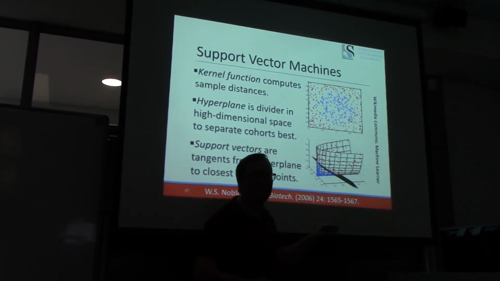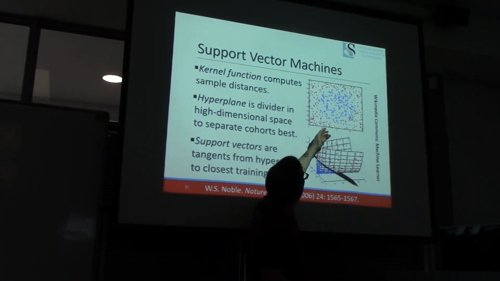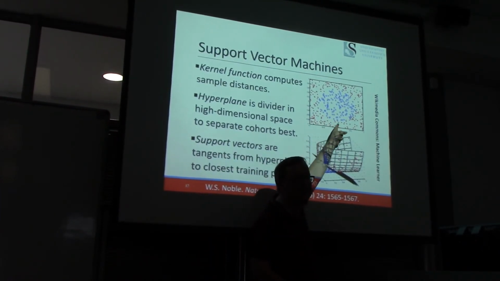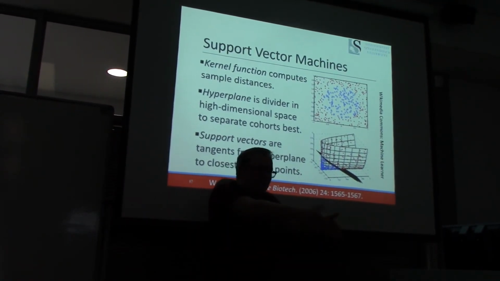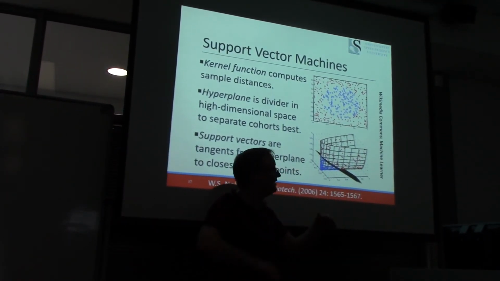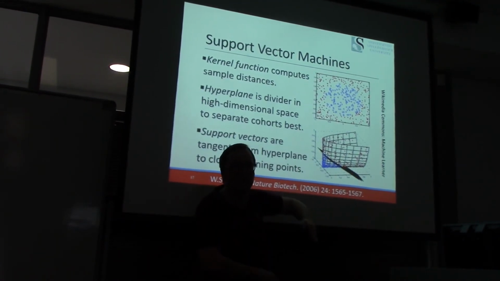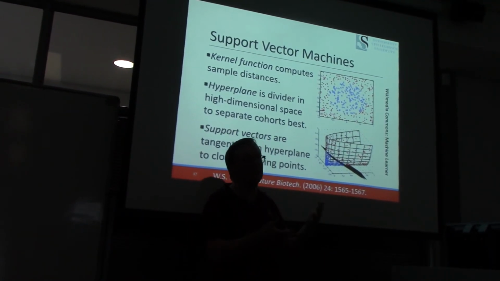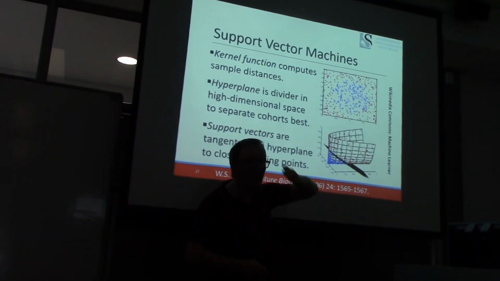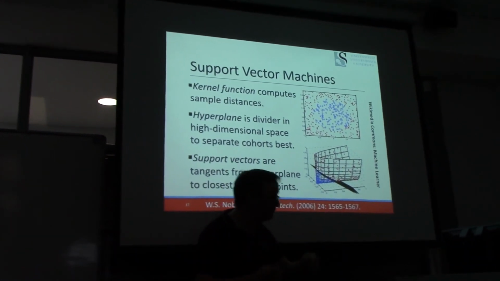So if we use something, in this case, called a hypergeometric kernel, we can cause these data to be shaped like this instead, right? To basically fold the space it's in, and now we can cut a plane across there to separate all of the blues from all of the reds. So here we're distorting the space in which these exist to find where the best plane to cut the blues from the reds could be.